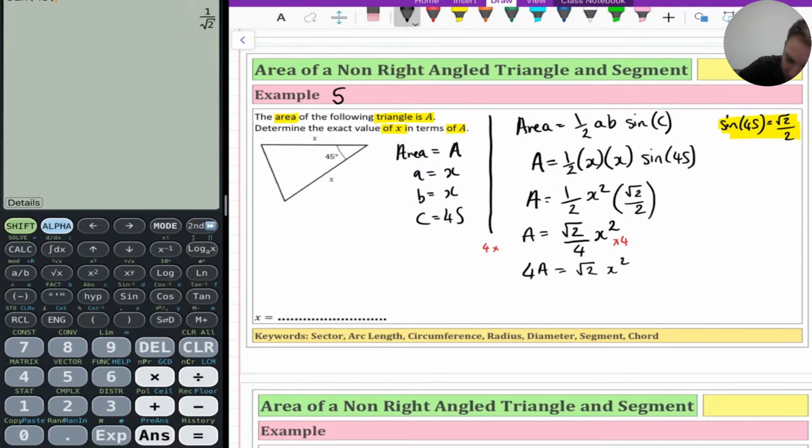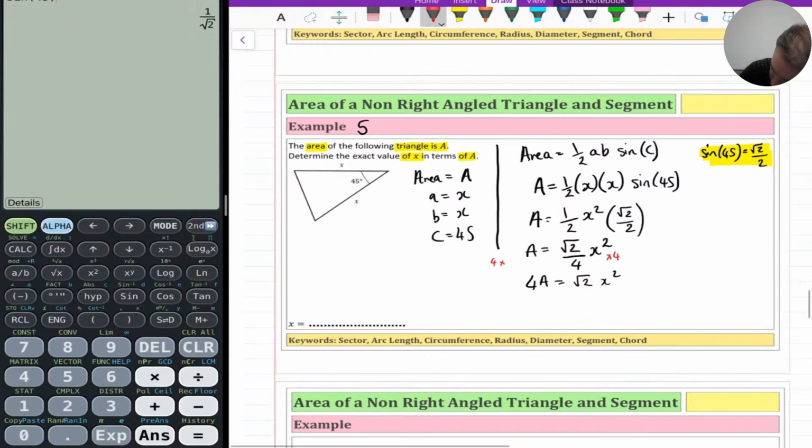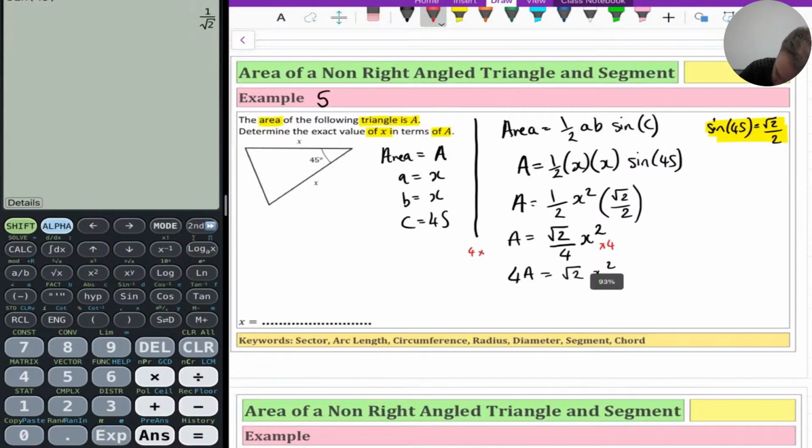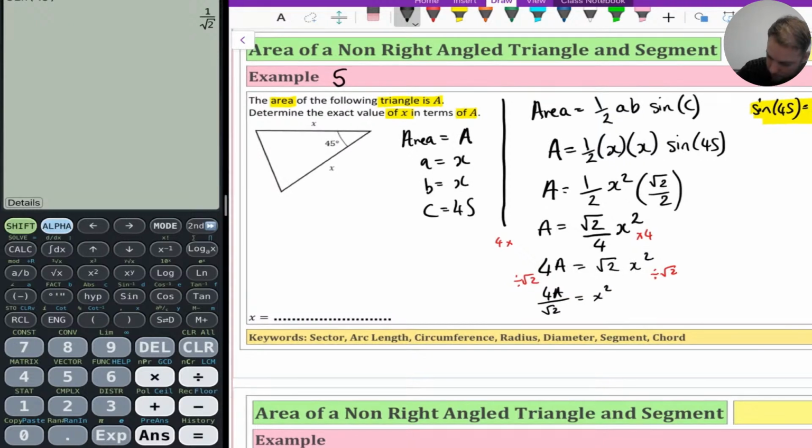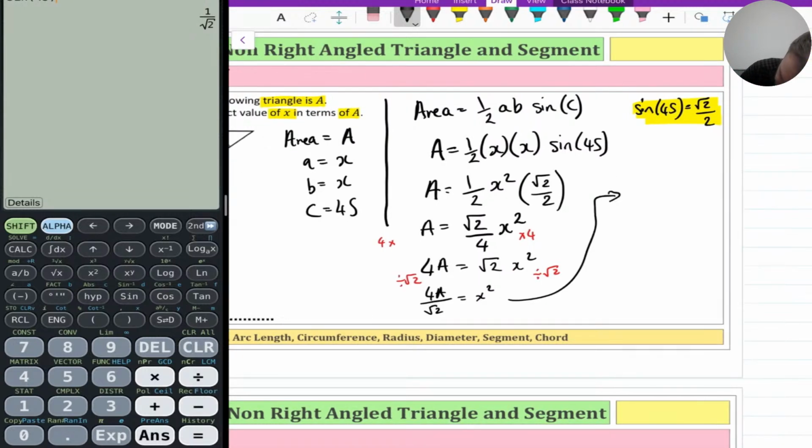Then we need to get rid of that root 2 by dividing by root 2, divide by root 2. So we end up with 4A over root 2 is equal to x squared. And then the last little stage, I need to square root both sides. So it's going to be the square root of 4A over root 2 is equal to x.